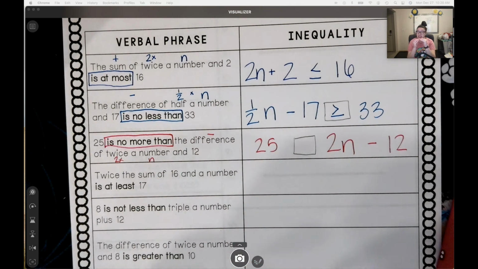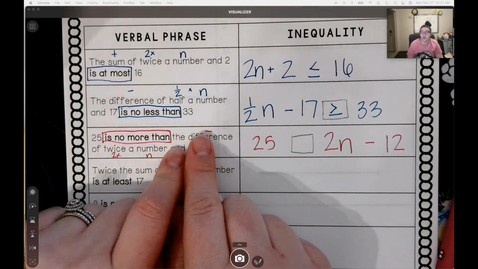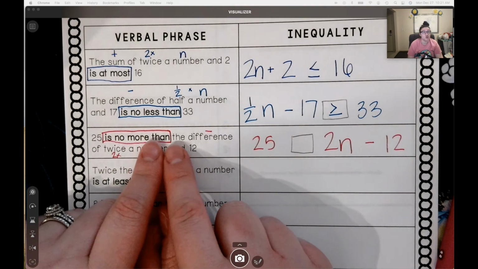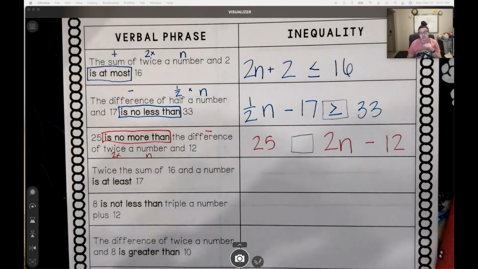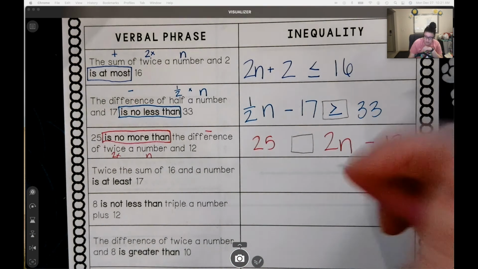So can this other part be equal to 25? Can it be greater than 25? Or does it have to be less than 25? Pause the video and really take some time to think about that. So if we say 25 is no more than your age, could you equal 25 with that phrasing? You could equal 25.